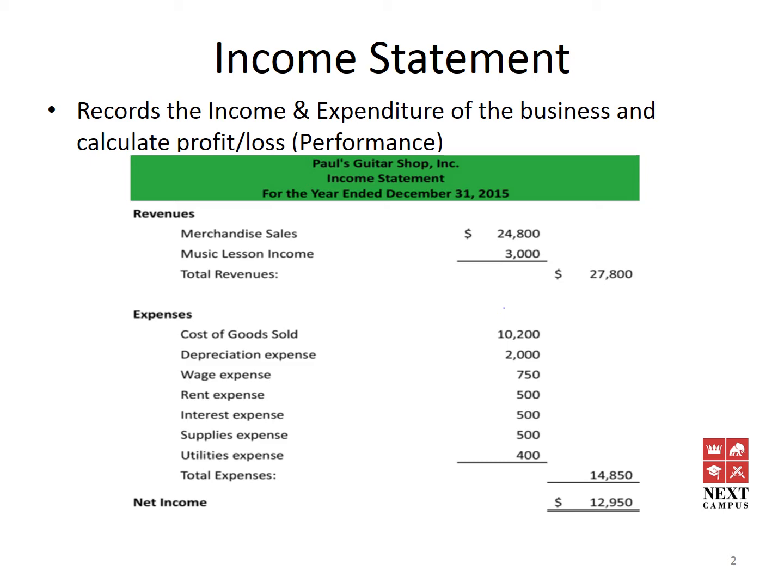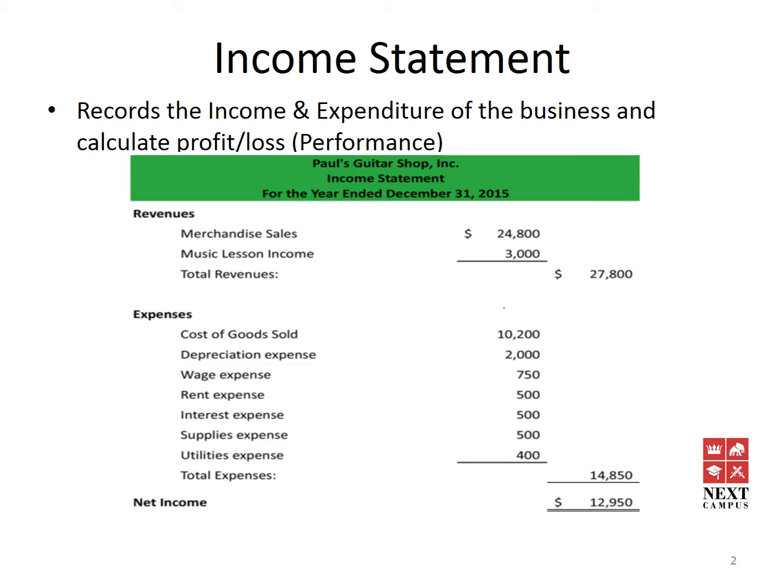Income statement will show the revenue, income and the expenditure. Revenue minus expenditure is the profit of the business. So the income statement records the income and expenditure of the business and calculates profit and loss.